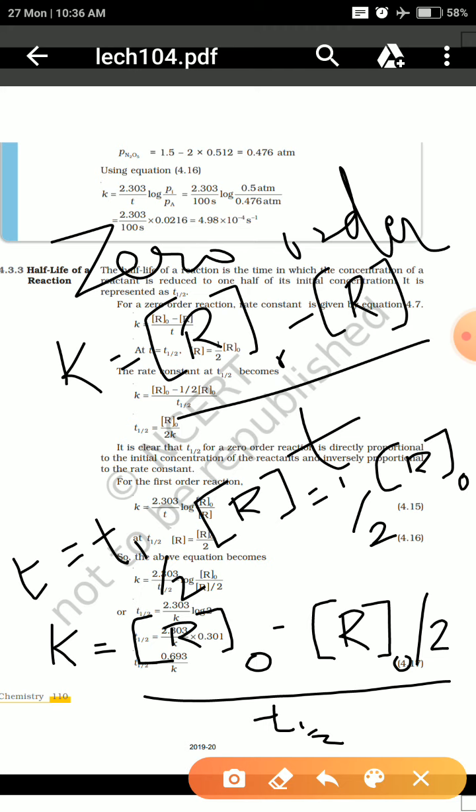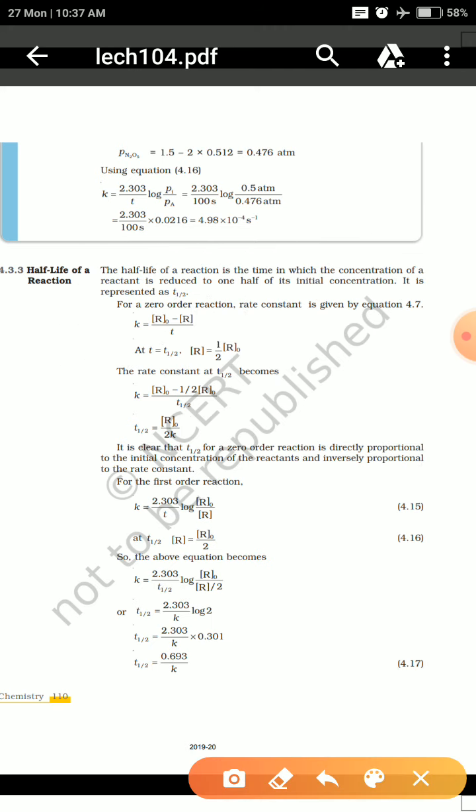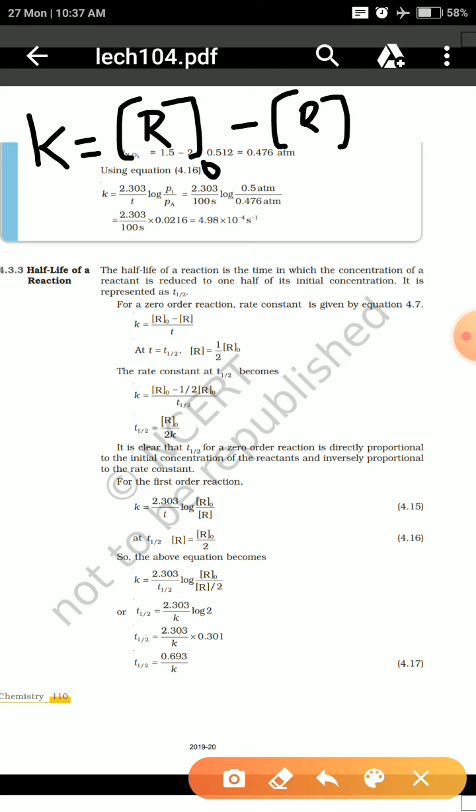Now if we rearrange this, how can we write it? K equals R0 minus R0 by 2, divided by T half.